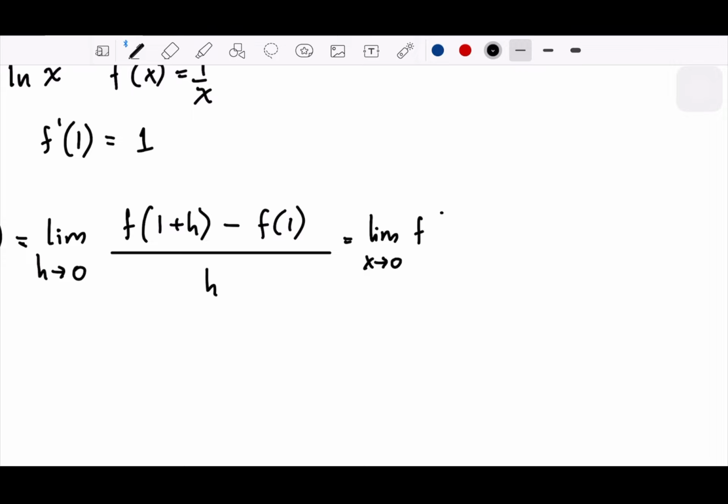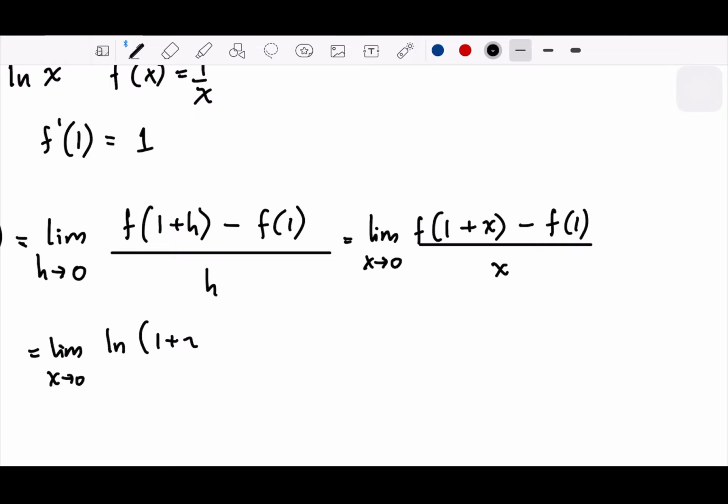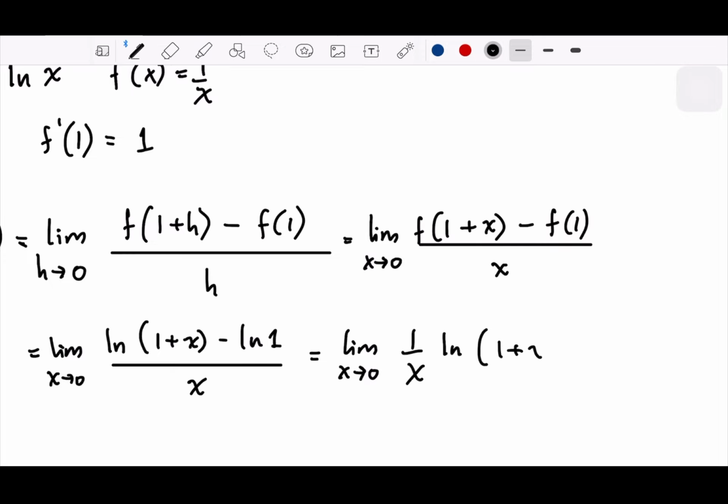The function will be ln(1 plus x) minus ln 1 over x, and then limit as x approaching 0, and then 1 over x times ln(1 plus x).